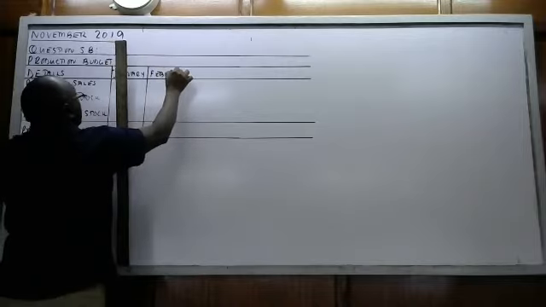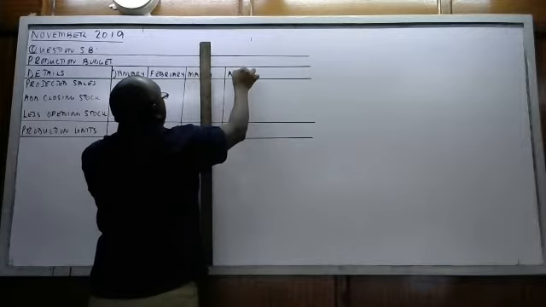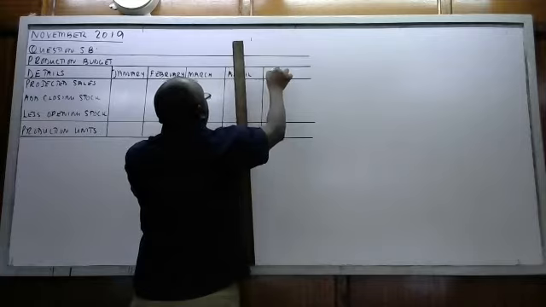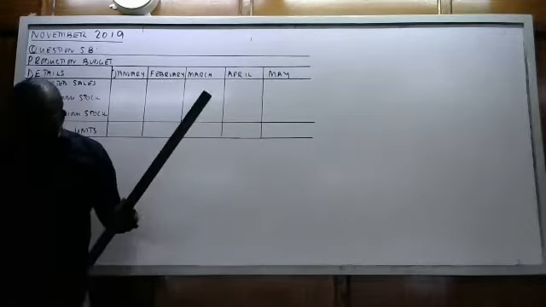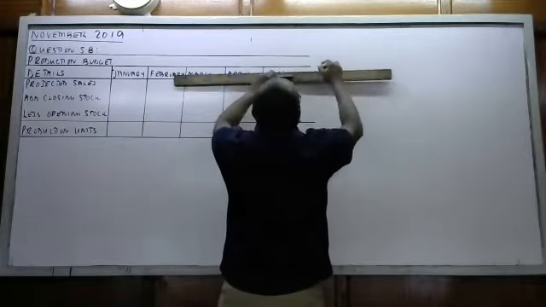You have January, February, March, April, and then we have May. And even we can put June, there is no harm.